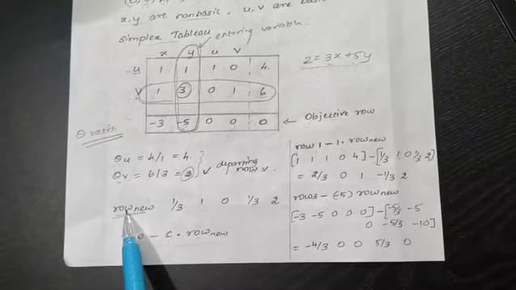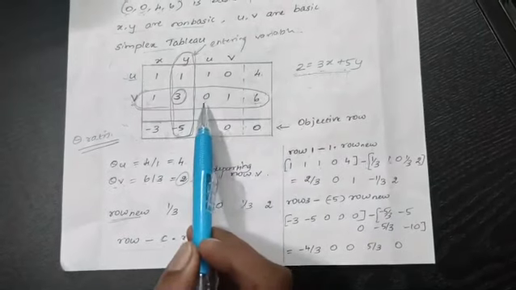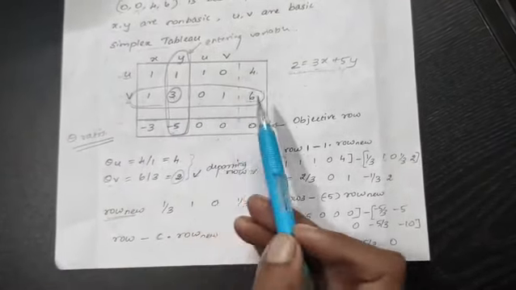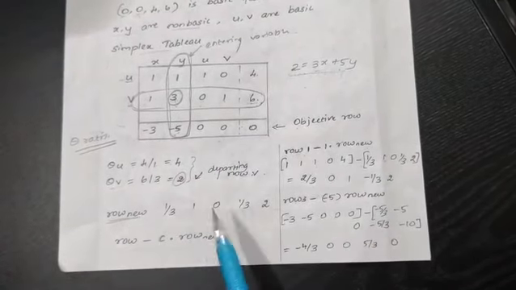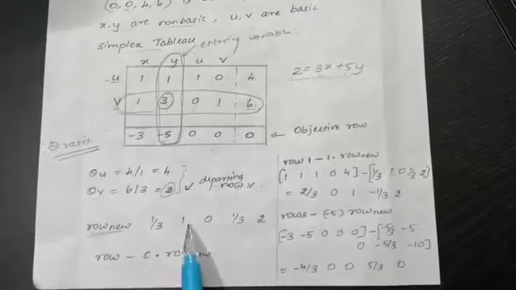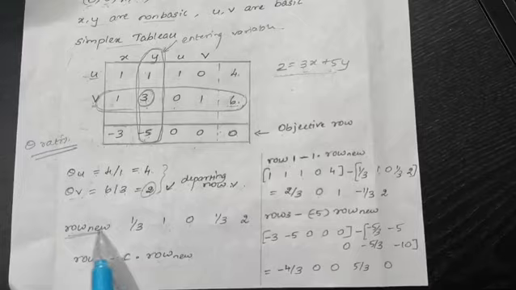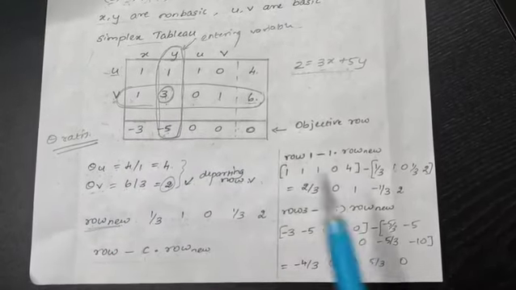The new row is calculated by dividing the departing row values by the pivot entry, which is 3. So 1 by 3, 3 by 3, 0 by 3, 1 by 3, then 6 by 3. So we get 1 by 3, 1, 0, again 1 by 3, then 2. This is our new row. Then for the remaining rows, we have to update the values using this new row.